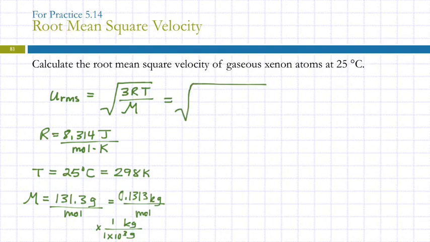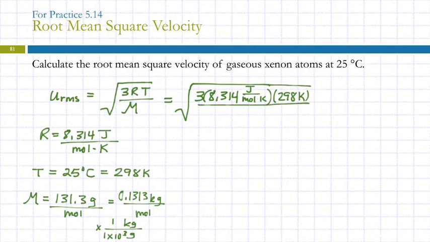So square root of 3 times 8.314 joules over mole Kelvins times 298 Kelvin divided by the molar mass in kilograms per mole.